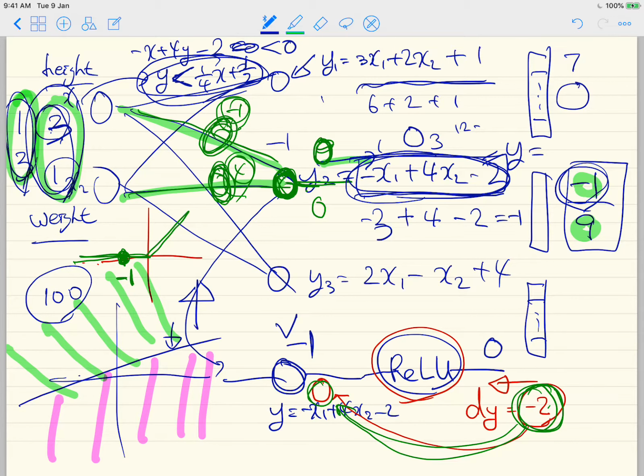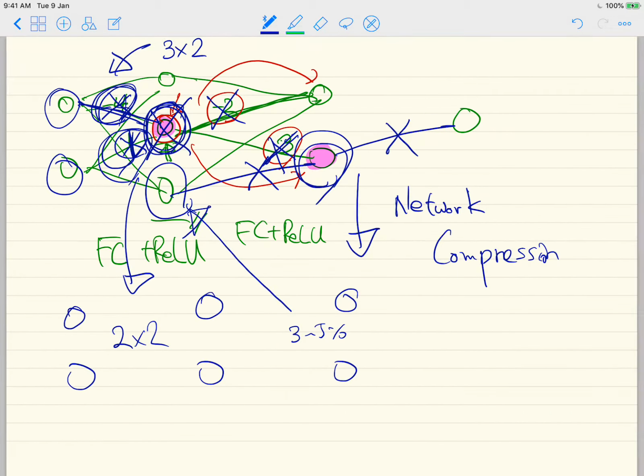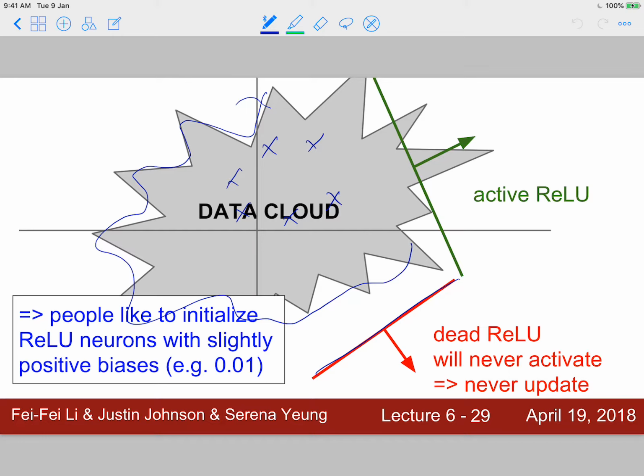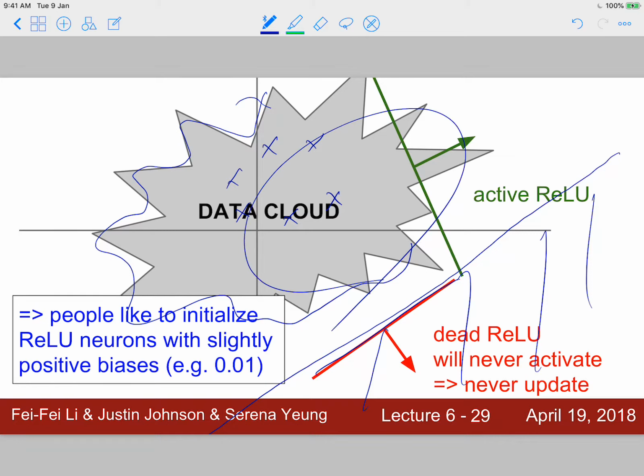The equation for our line is actually changing with each iteration of the gradient descent update, right? So sometimes it happens that our line is formed in this manner, and this region becomes the positive output value, and this one the negative output value, and that's when this ReLU unit gets dead, right?